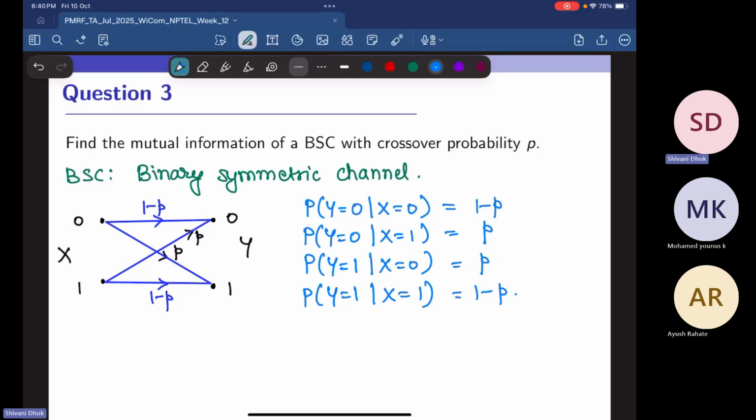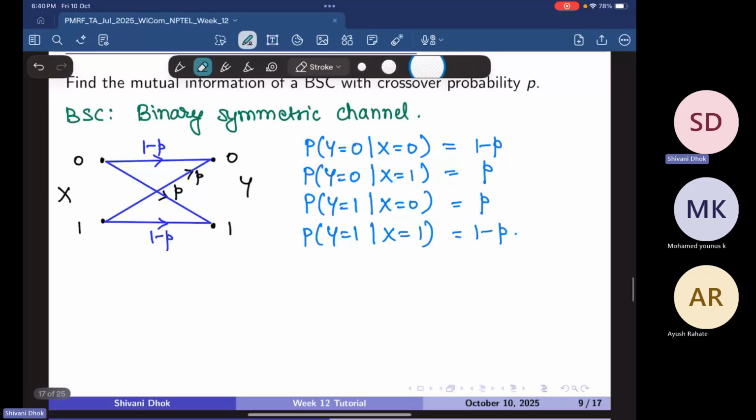Now what is asked is to find the mutual information of this binary symmetric channel.